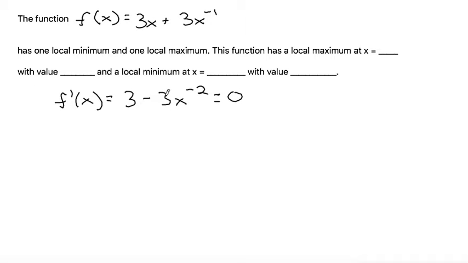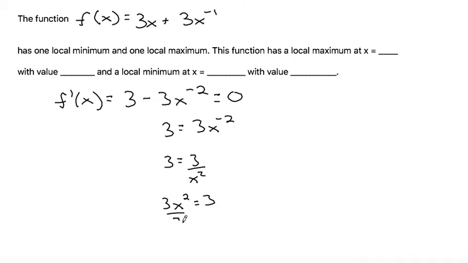and let's move our negative term over to the right-hand side by adding it on both sides to get 3 is equal to 3x to the negative 2. Now let's make our exponent positive by putting it in the denominator: 3 is equal to 3 over x squared. Then we can multiply both sides by x squared to get 3x squared is equal to 3.